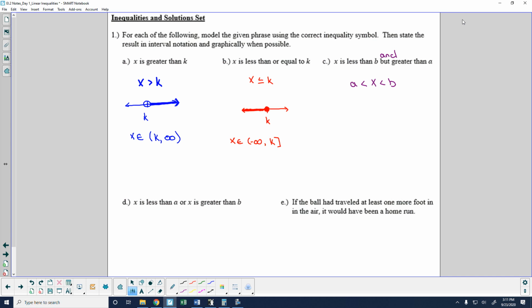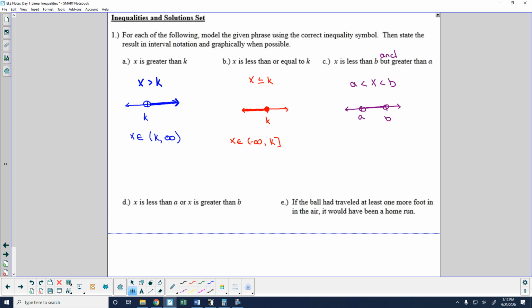Now in this case on the number line, we're going to have two values to represent. A is less than b here. We can deduce that by the wording. So a is going to be to the left of b. We know that we're not equal at a and it's not equal at b. So what we want to do there is to draw an open circle at a and an open circle at b. Now, if we're going to be greater than a but less than b, we want to be to the right of a.